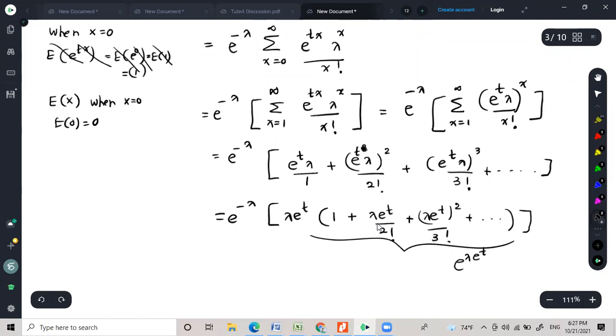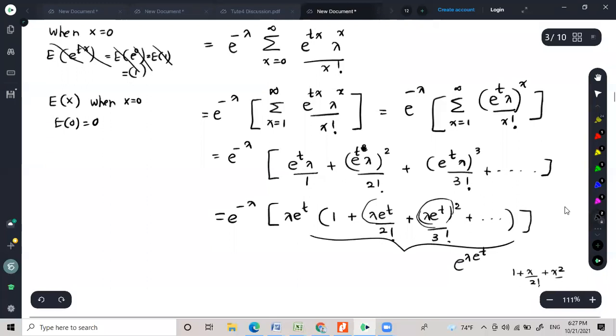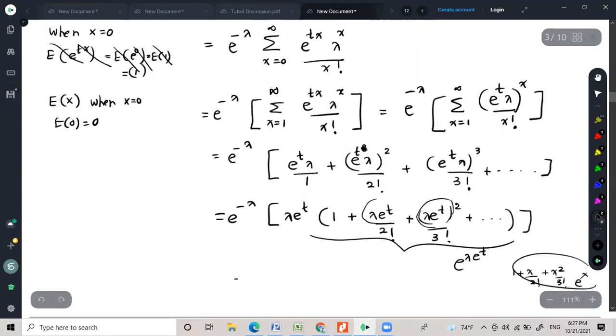Now you can see this quantity goes as e to the power, right? Because this is e to the x, right? So the same thing happens here. So this whole series becomes e to the lambda e to the t. Therefore, you'll end up with e to the negative lambda times e to the lambda e to the t.